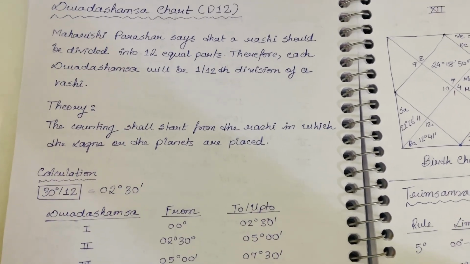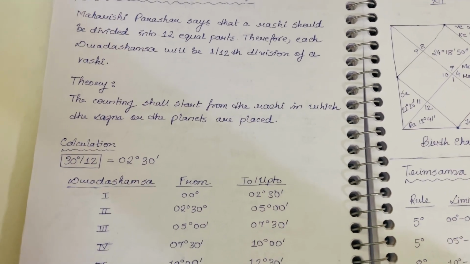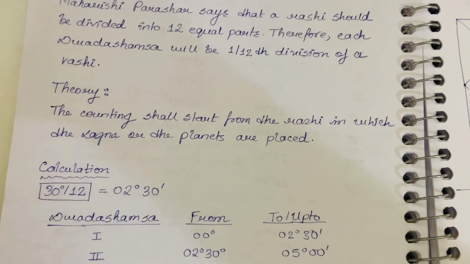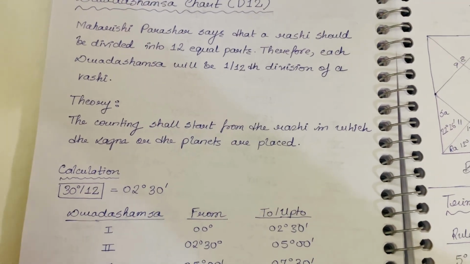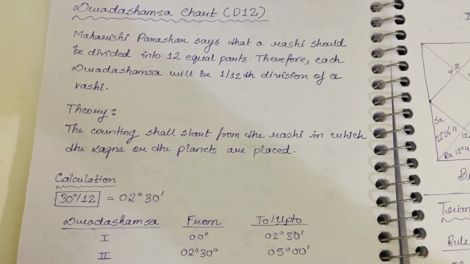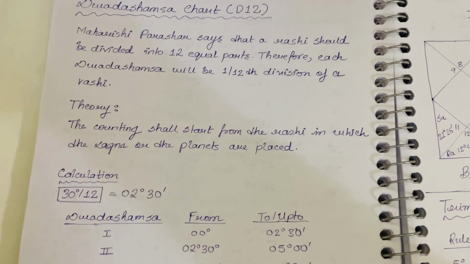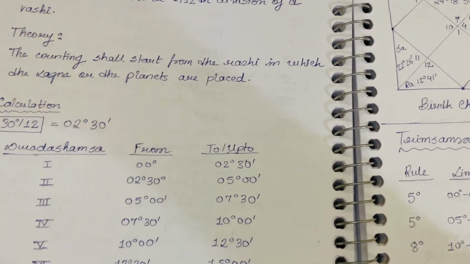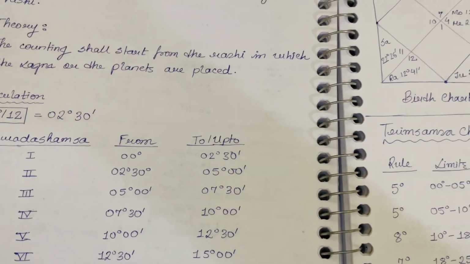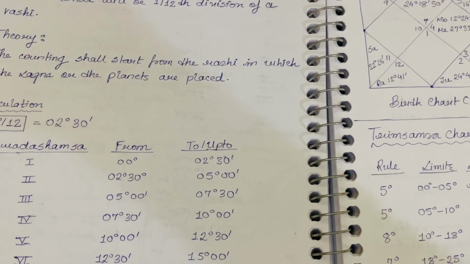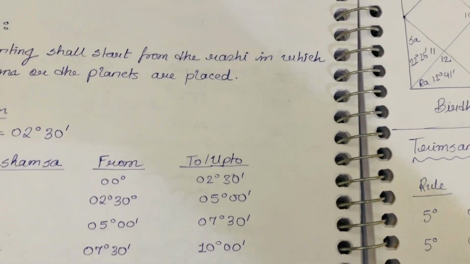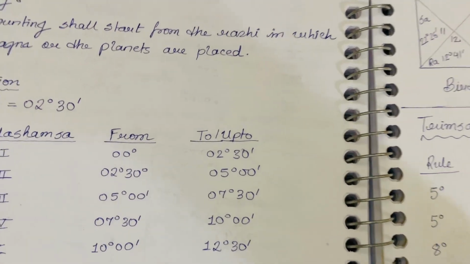What is that theory? The theory says the counting shall start from the same Rashi in which the Lagna or the planet is placed. Every time you are counting, it is the similar concept of counting that we had understood from all the previous classes.